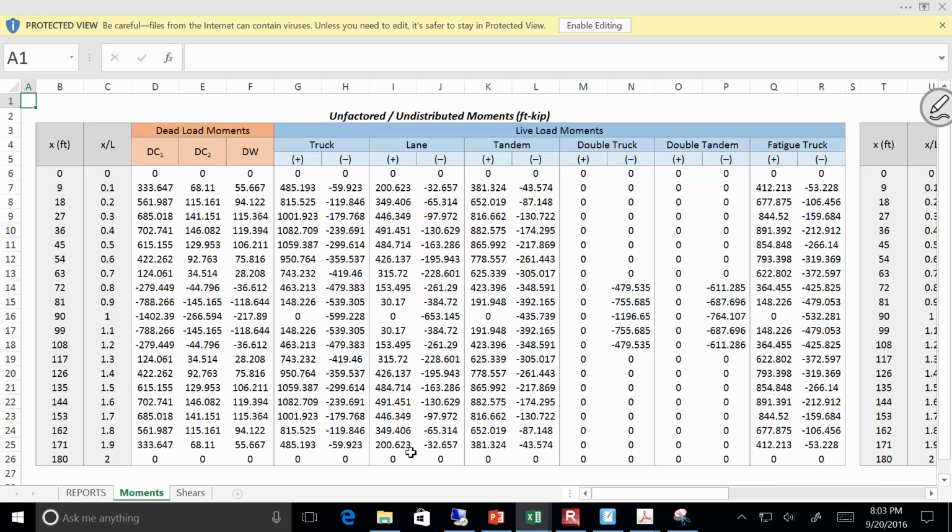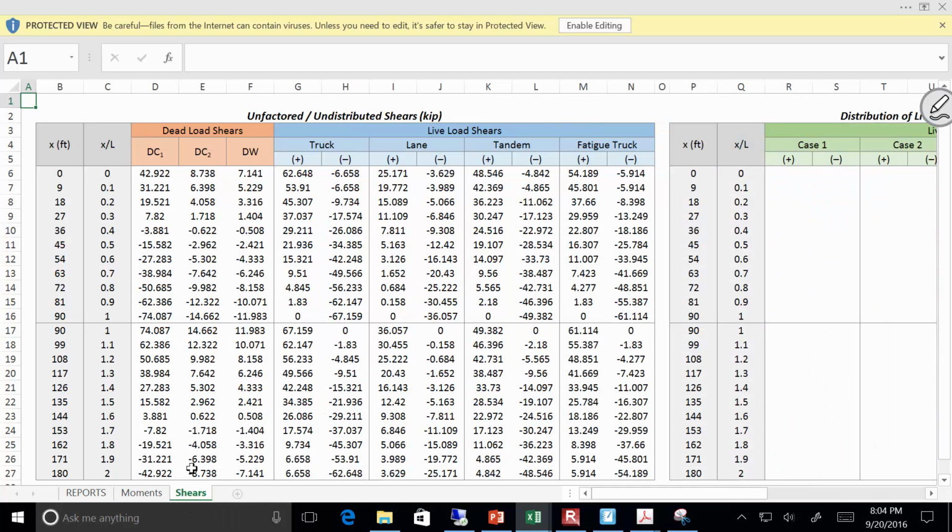So let's explain what's going on with this table. I've got unfactored and undistributed moments, and on the tabs I've got moments and shears. The shear table's organized a little differently. There are two values at x equals 90 feet because I wanted to represent that jump in the shear diagram where you get the vertical reaction at the support.